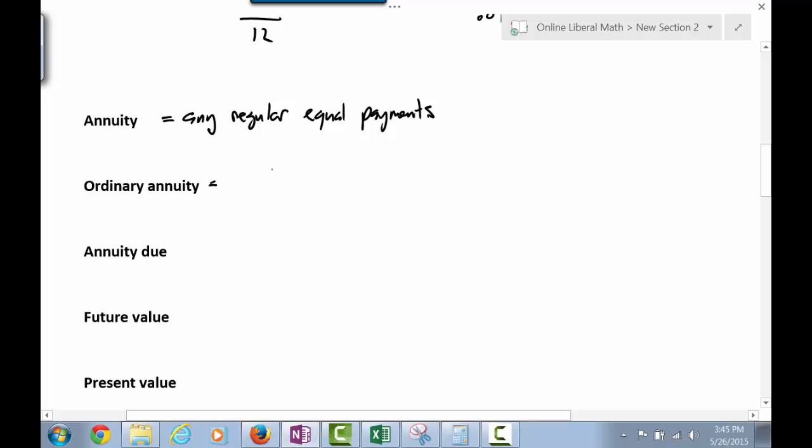Okay, yes, it does matter when the payments are made. If we say we're paying at the end of the month, we call that an ordinary annuity. If we happen to pay at the beginning of the month, we refer to that as an annuity due.